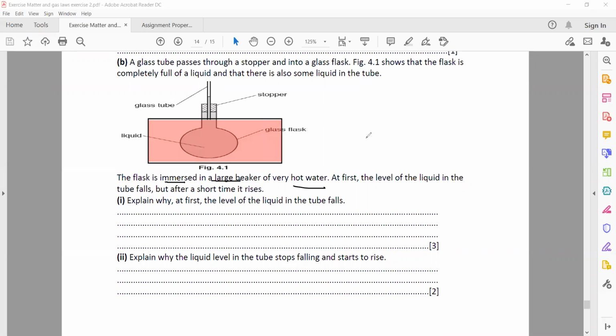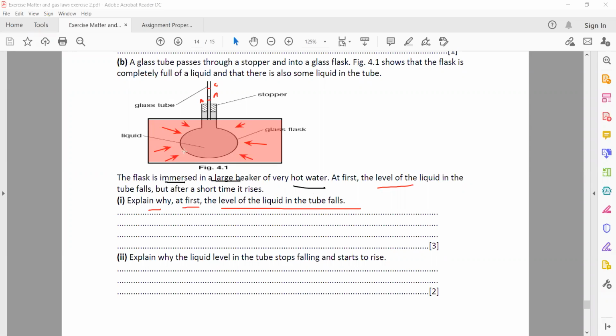At first, the level of the liquid in the tube falls. For example, if I say this was at position A, first what we observe, it falls to position B, and after a short time it rises to another position C. Explain why at first the level of the liquid in the tube falls. What could be the reason? Look, first the heat is supplied to the flask because the flask is in contact with the hot water.